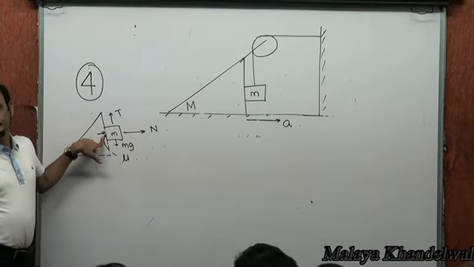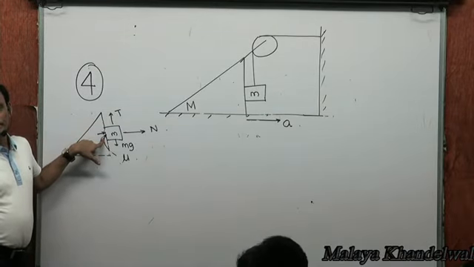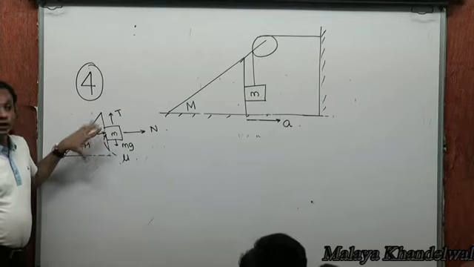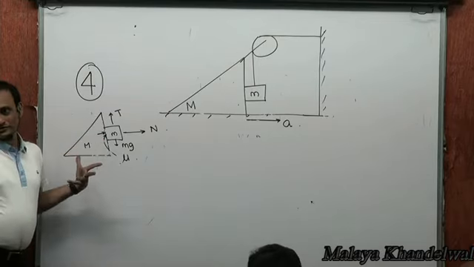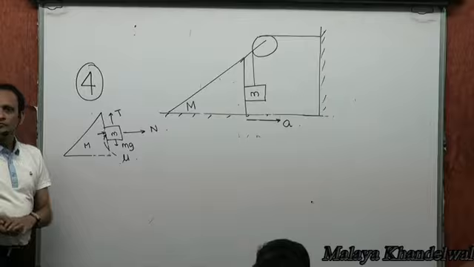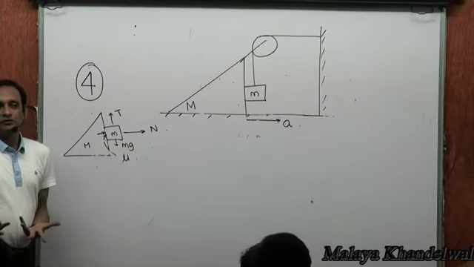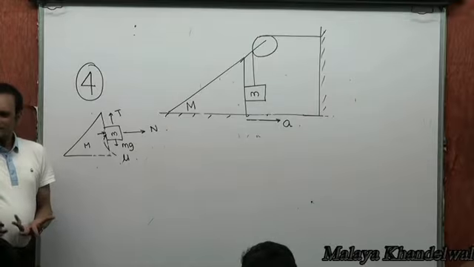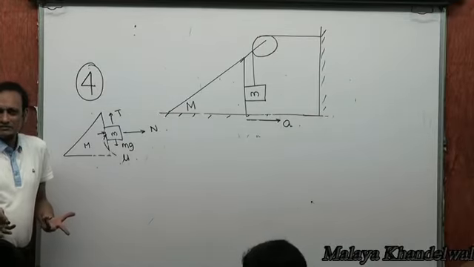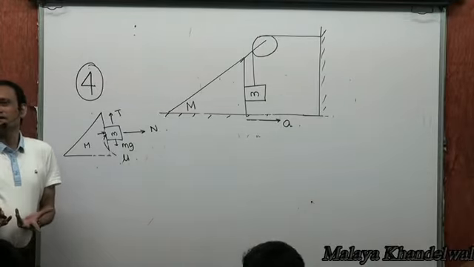Yes or no? Got me? I want to find the net force. One thing to do is find N, find T, find friction, mg, and do a vector summation, right? Nothing wrong with it, but nothing great about it either.